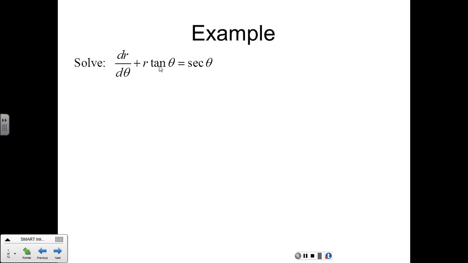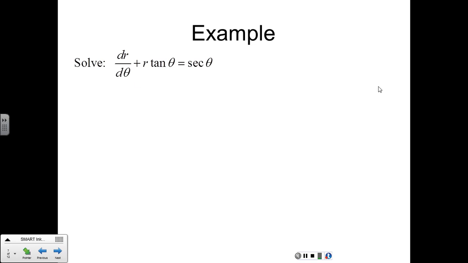Tangent of theta, theta is like x, equal to some other function that should be just in terms of x, no y's involved. No y squared, no other derivatives that have been raised to a power, anything like that. That makes it nonlinear. So these are first order linear equations. So we've got it in the correct form.